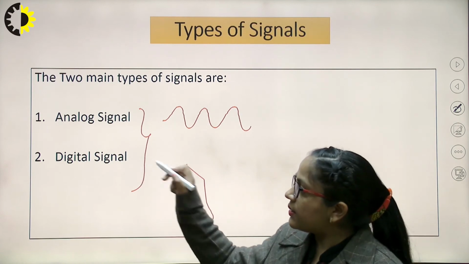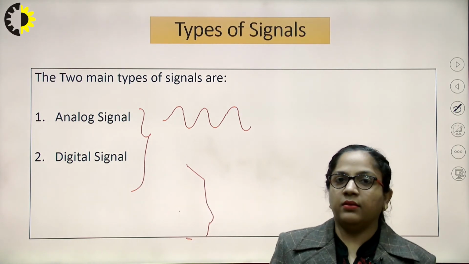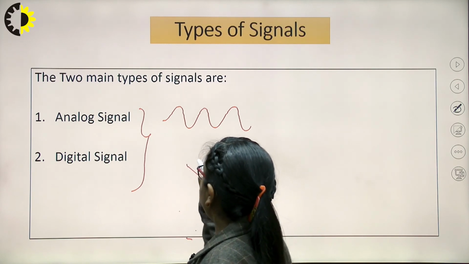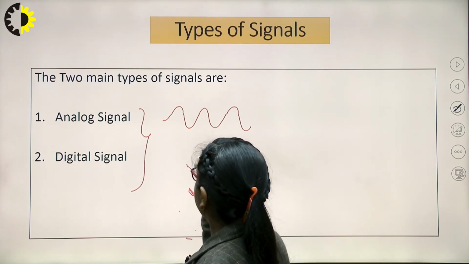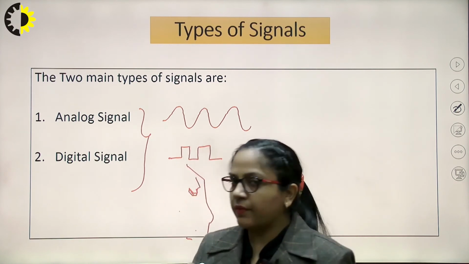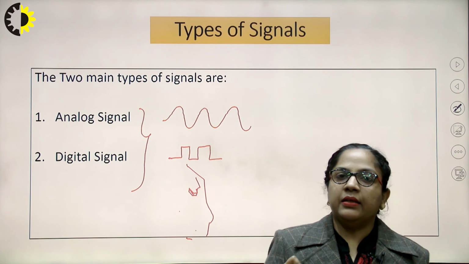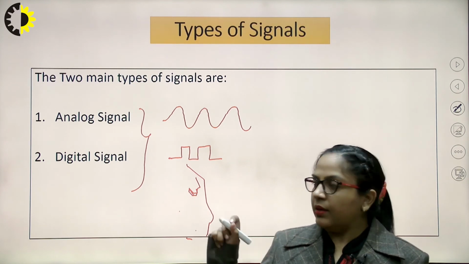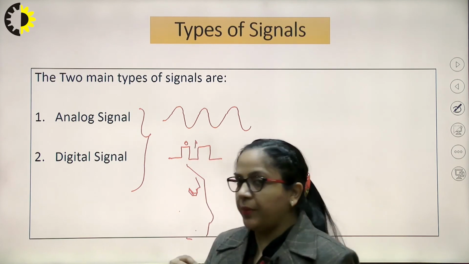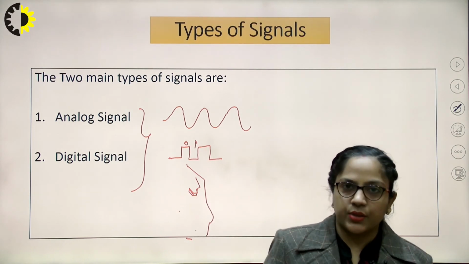What is a digital signal? Digital signal will be a discrete kind of signal, and rather than taking any value, it will take limited value, mainly 0, 1, or it can be a high signal or a low signal.